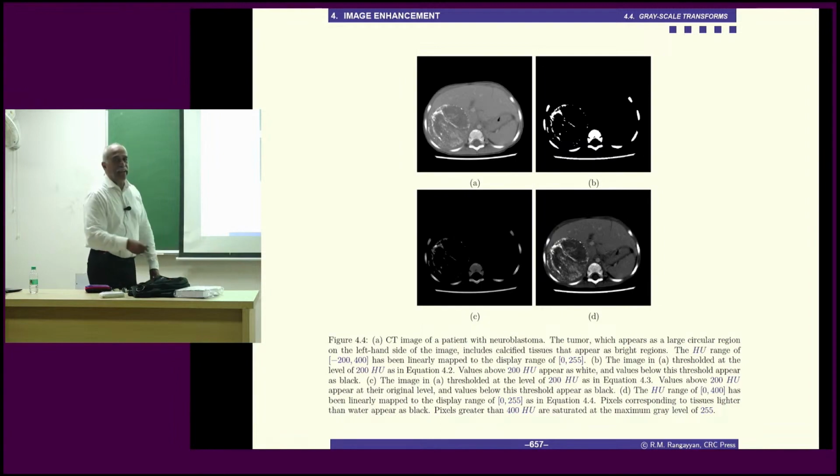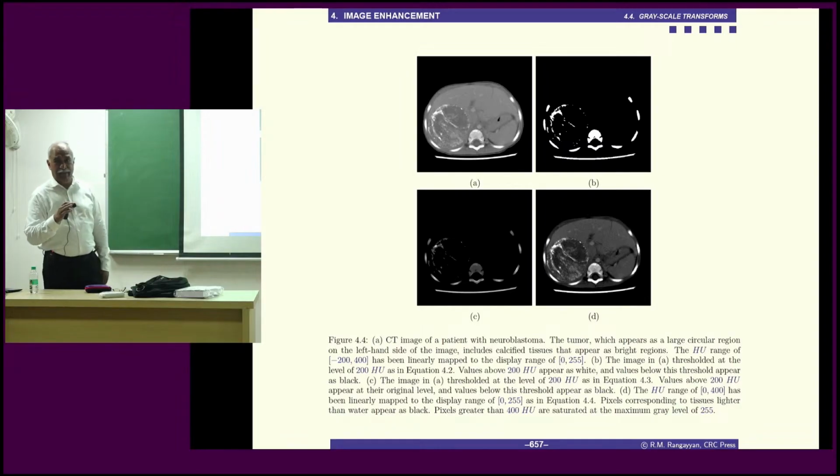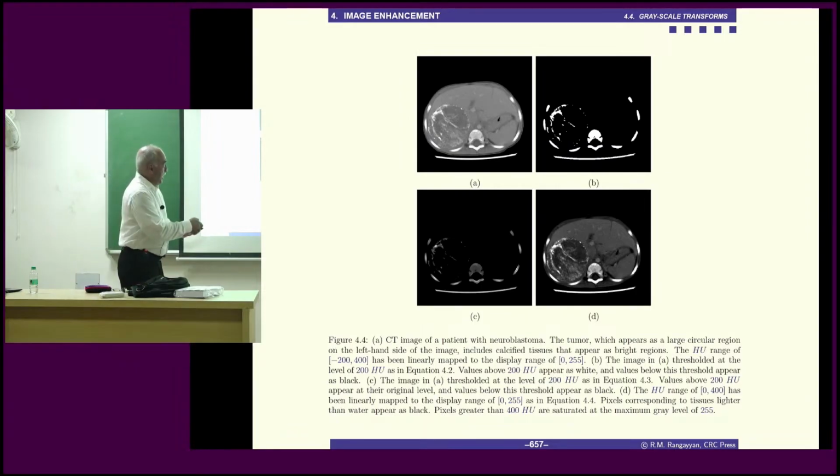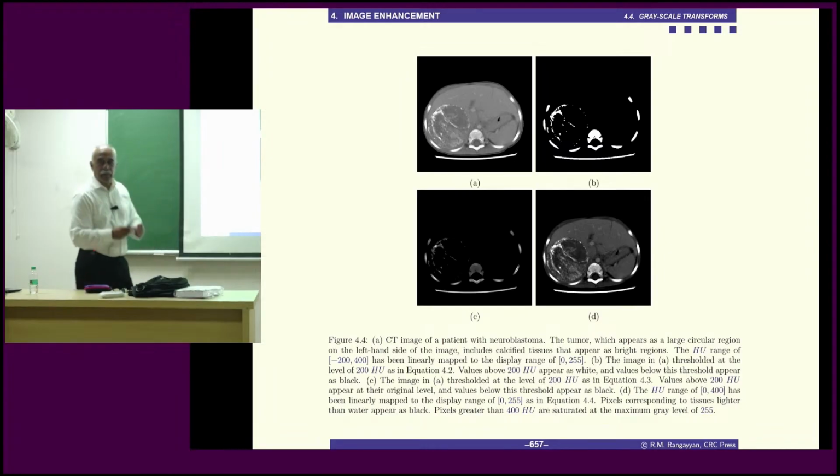This is a pediatric case. Above 400, there may not be many pixels. 400 is fairly high density bone. Adults will have high density bone, but not a child. So you may say this is enough. And then the details within are seen a little better. You select that, window that, and then look at the details. This is not bad, this is bright, but this is in a limited range.